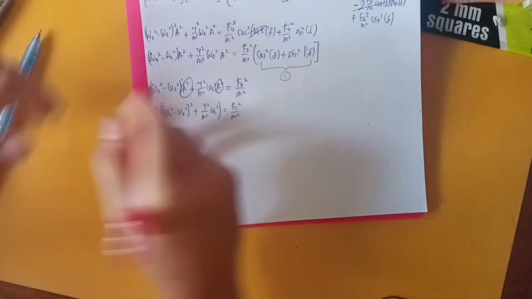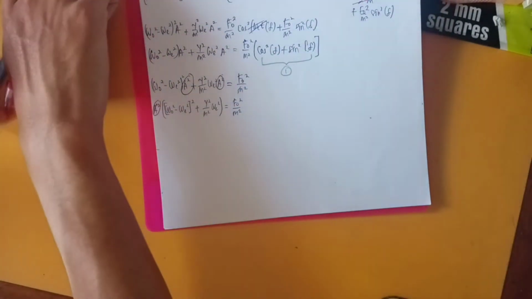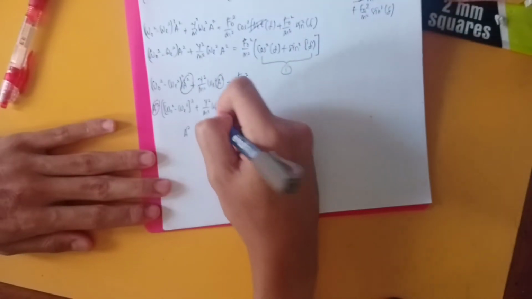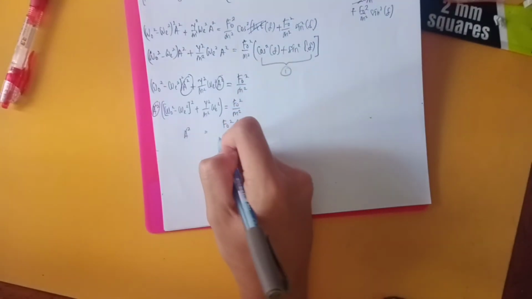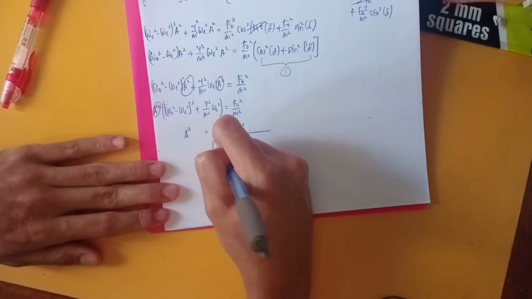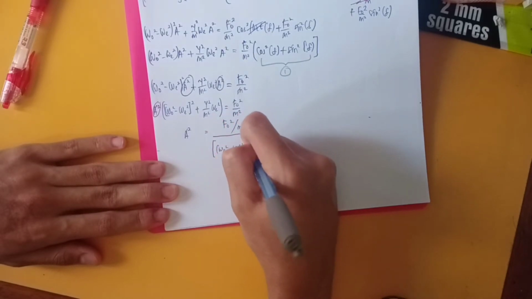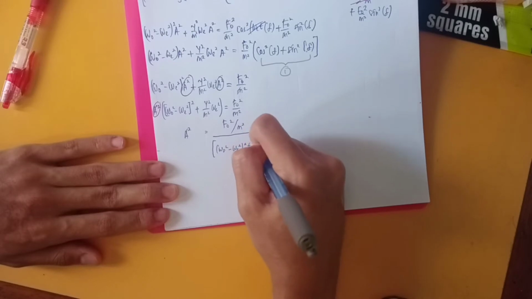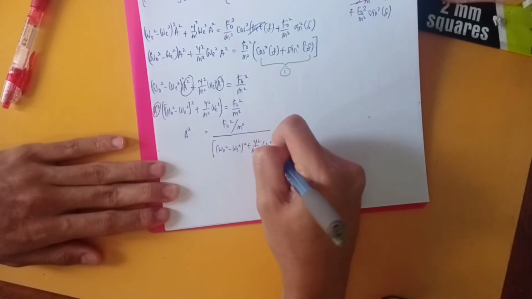To find that, let A be the subject. So A square equals F naught square over m square over omega naught square minus omega e square plus gamma square over m square omega e square. It's simple.